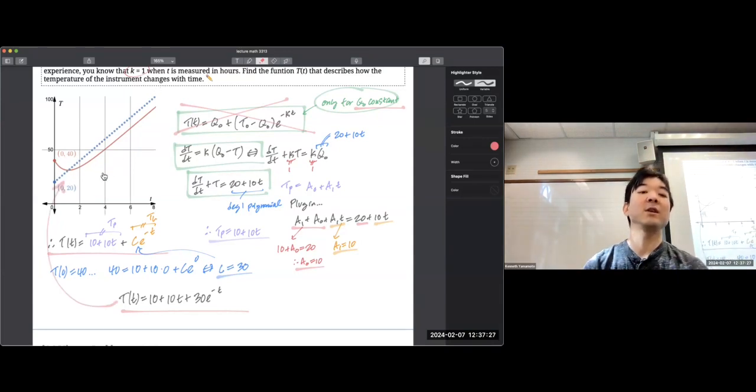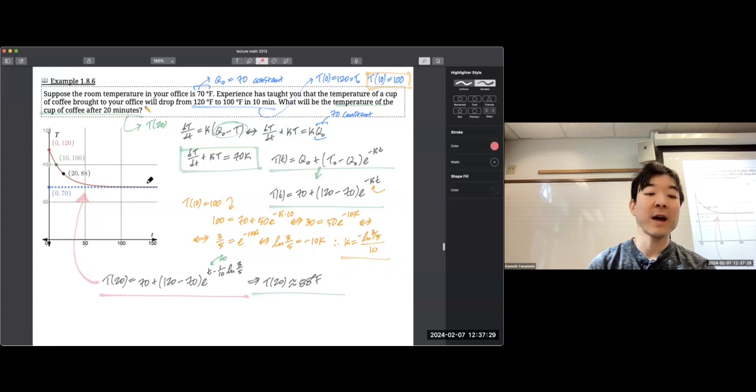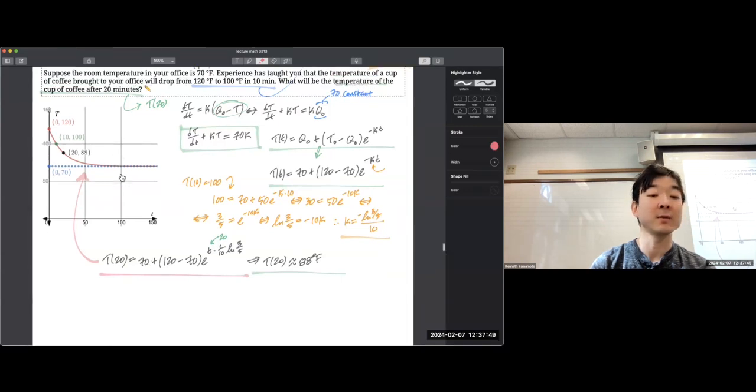And it looks much different than this one, because this one flattened out. This one flattened out because basically you have an exponential decay term plus a 70. And in the infinite limit, with t going off to infinity, given that ln of 3 over 5 is a negative number, this term goes to 0, and you just have 70 left. And that's why it went down this way.